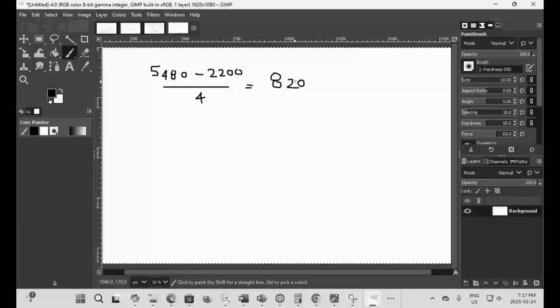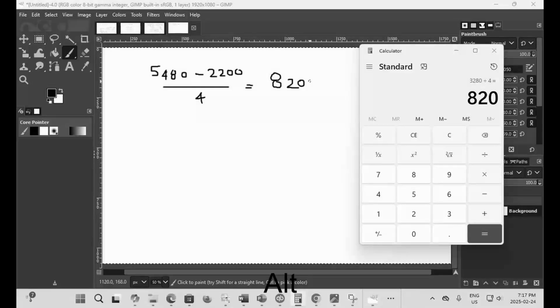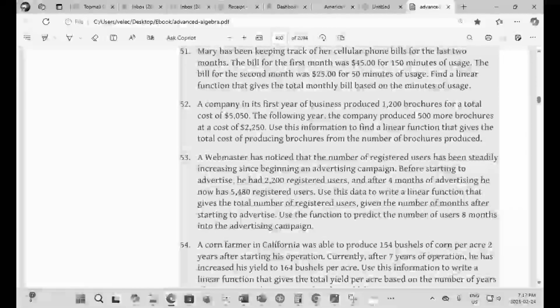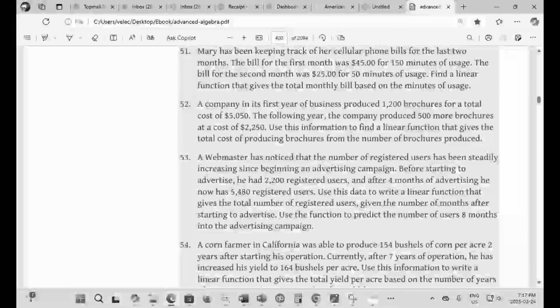So the increase in number of users per month is 820. So we know 820 is what you need to come up with the equation or to come up with the solution for 8 months.